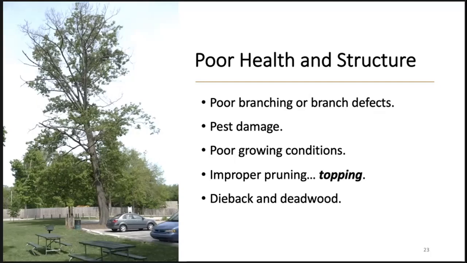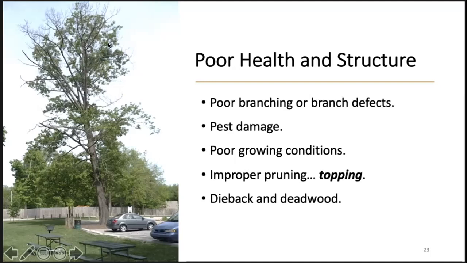This is my quintessential tree for poor health and structure. What we look for as far as overall health and structure, again, poor branching, which I talked about in that short little vignette of a video. Look for pest damage, poor growing conditions. As you see, or might not be able to see, there was a new parking lot put in there, which compromised the root system.